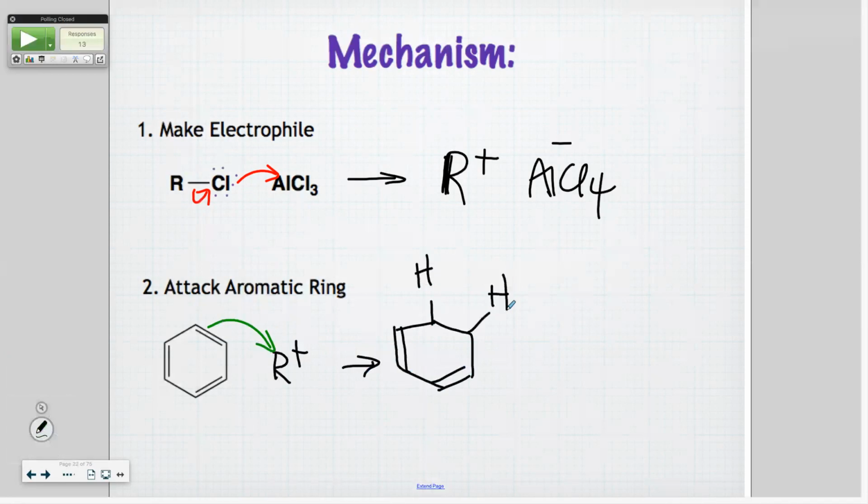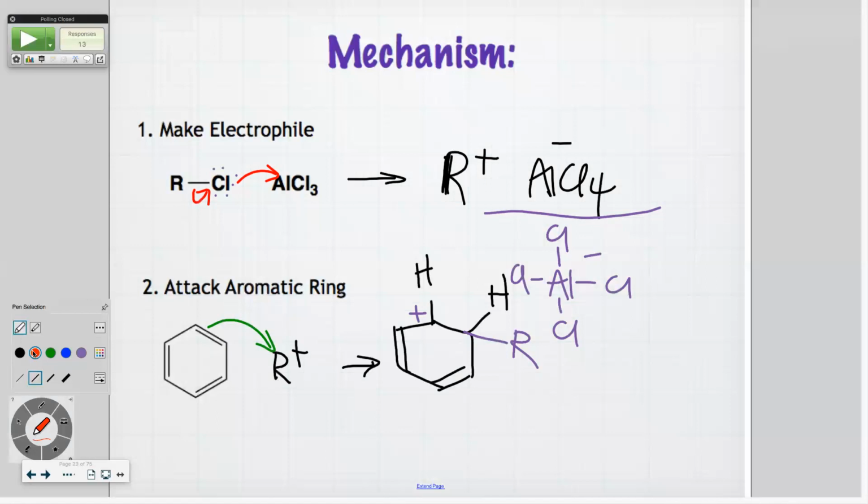Okay, now what do I have? I have a bond to the R. Okay, what else do I have? A carbocation up here. Okay, and what else do I have? I have my AlCl4 minus.